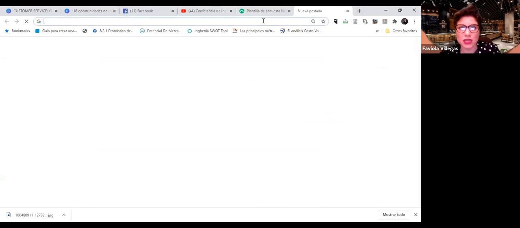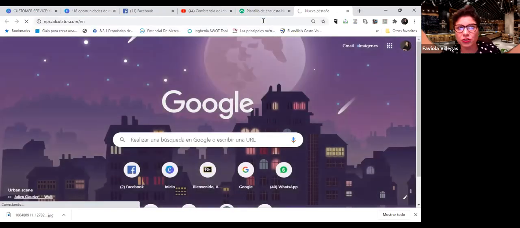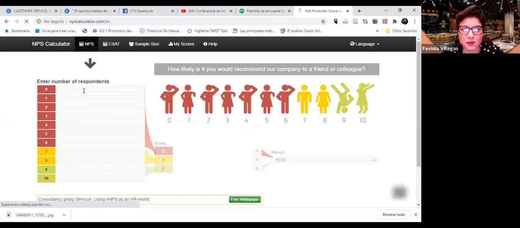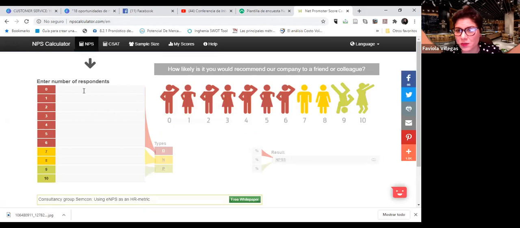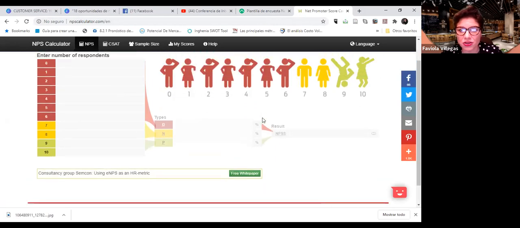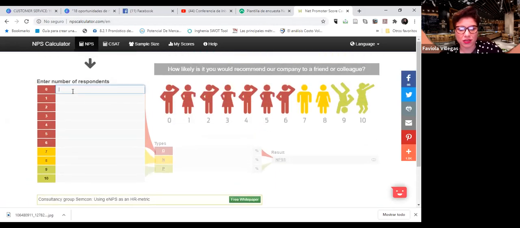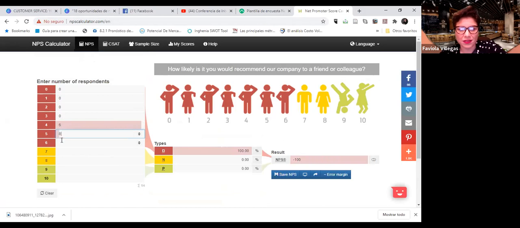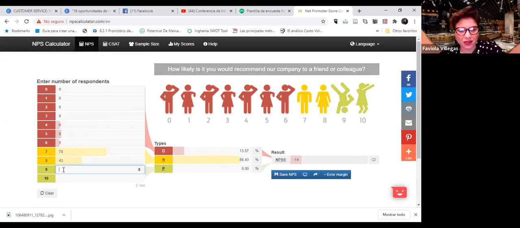But also, here is an NPS calculator. You enter the number of respondents, and there you go. The Net Promoter Score will give you... look at that.